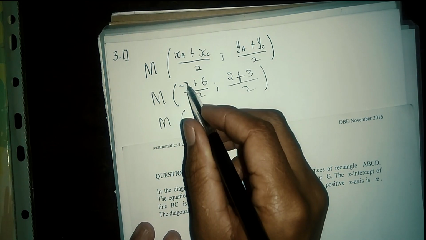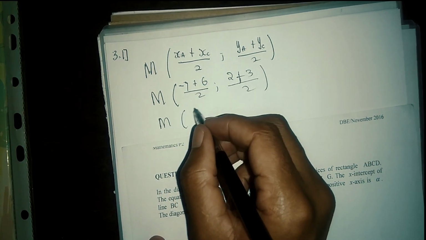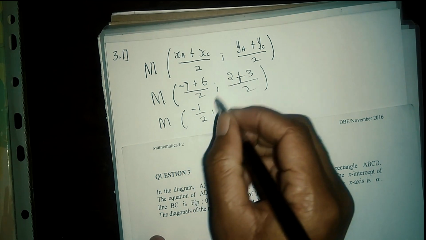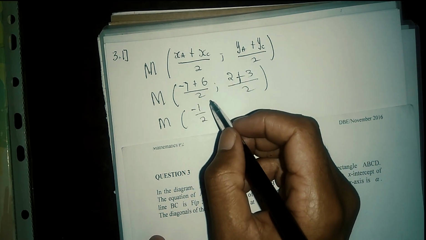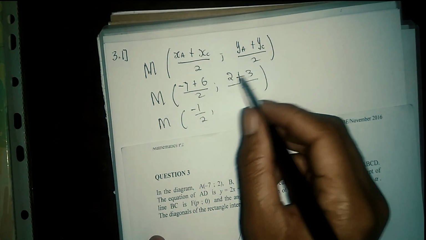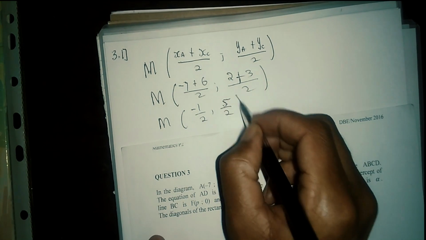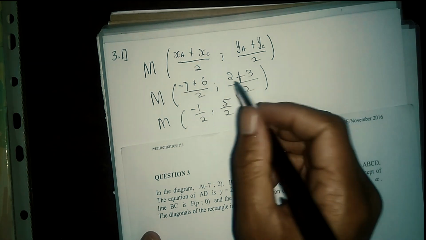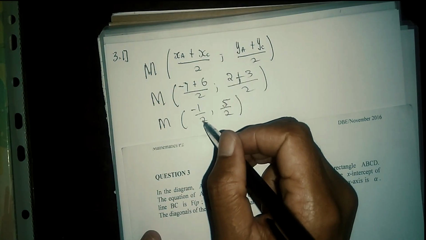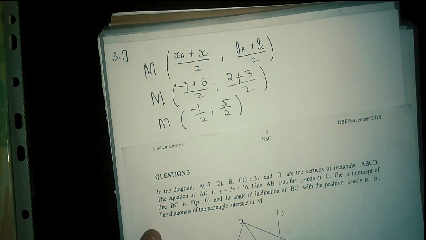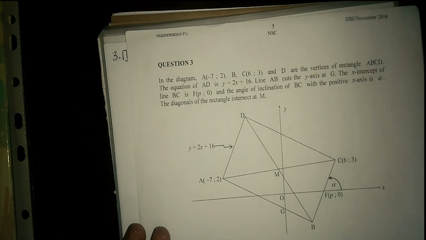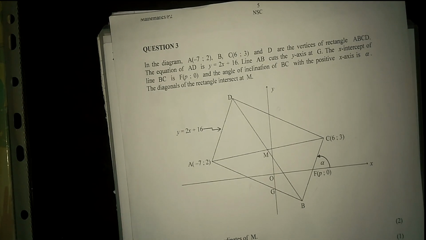Therefore, minus 7 plus 6 is minus 1, divided by 2. So the x coordinate is minus half, and the y coordinate is 5 divided by 2. So that's the coordinates of M: minus 1 over 2, 5 over 2.